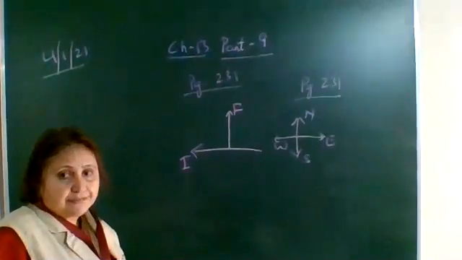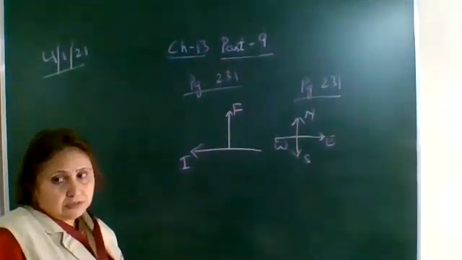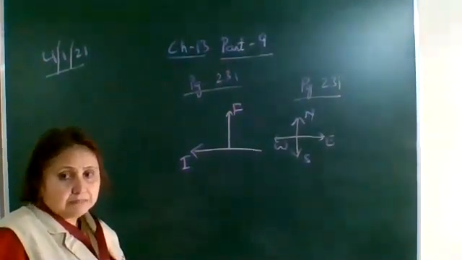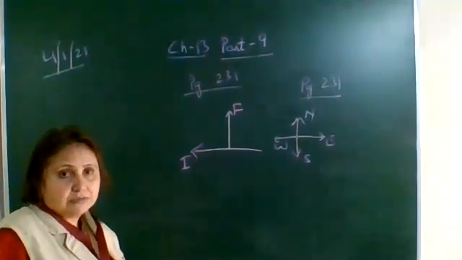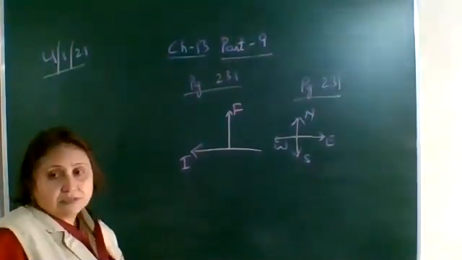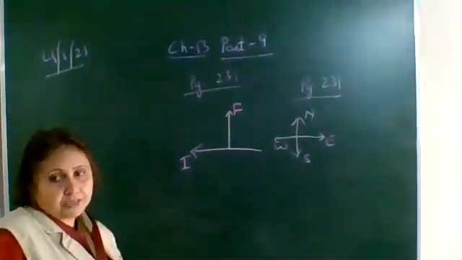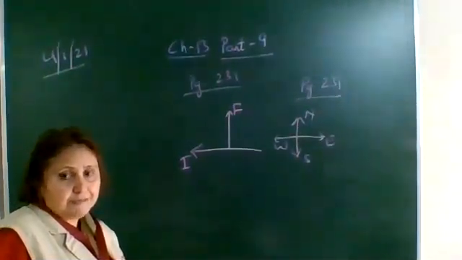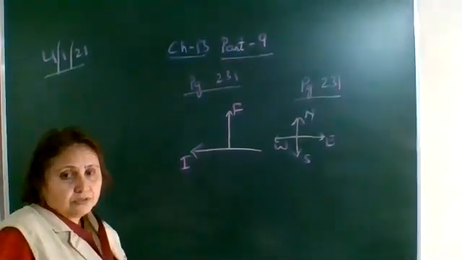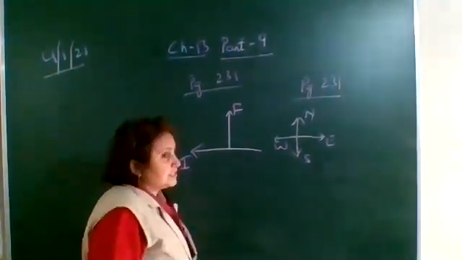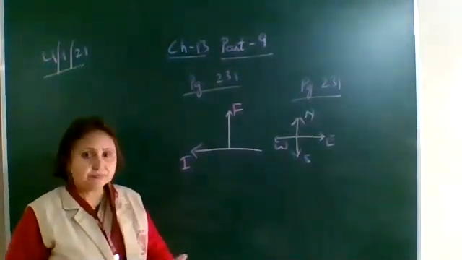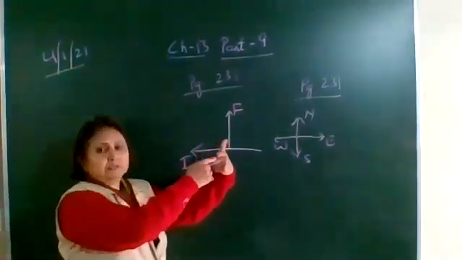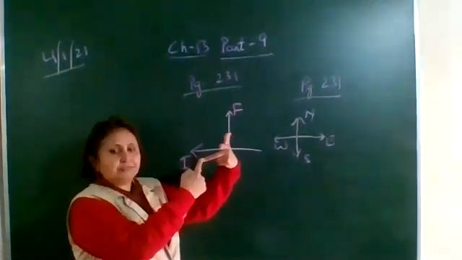So use your left hand: the direction of the force by the thumb, the direction of the current by the middle finger, and see in which direction the first finger is pointing, which gives the direction of the magnetic field. So let's see here, this is the direction of the current.